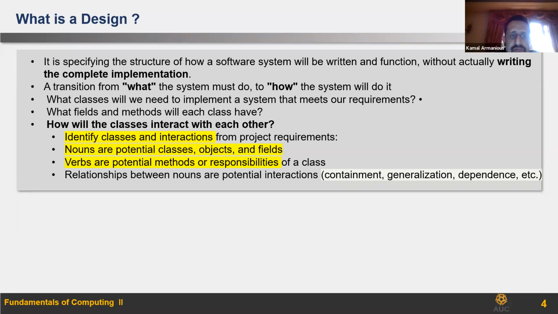The class diagram identifies classes and how those classes interact. If we focus on the class, we will have the name of the class, the attributes of the class, and the functions that exist in this class. And then we will see the relationships between the classes.